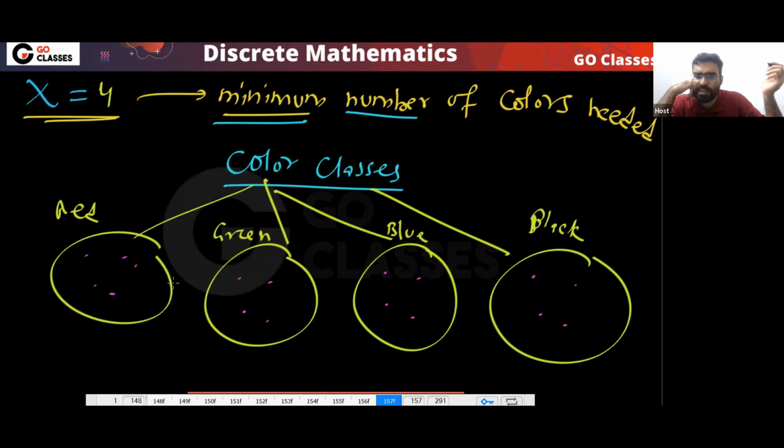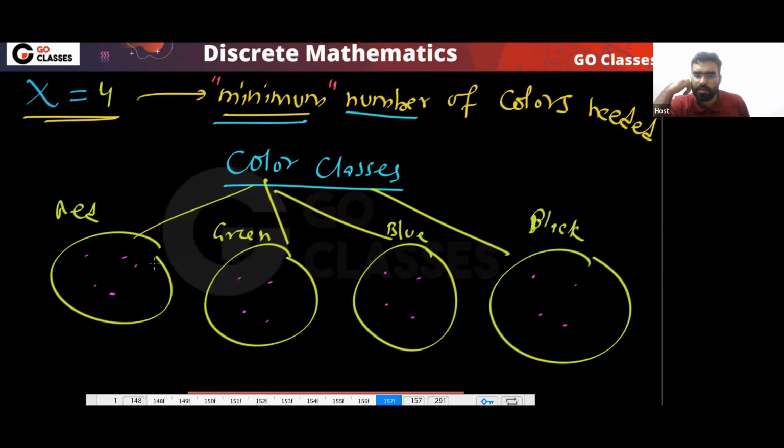Why? What will happen if there is no edge? What will be the contradiction? Because the chromatic number is 4, which means this is the minimum number of colors needed. If you don't have any edge, then the chromatic number should be 1.